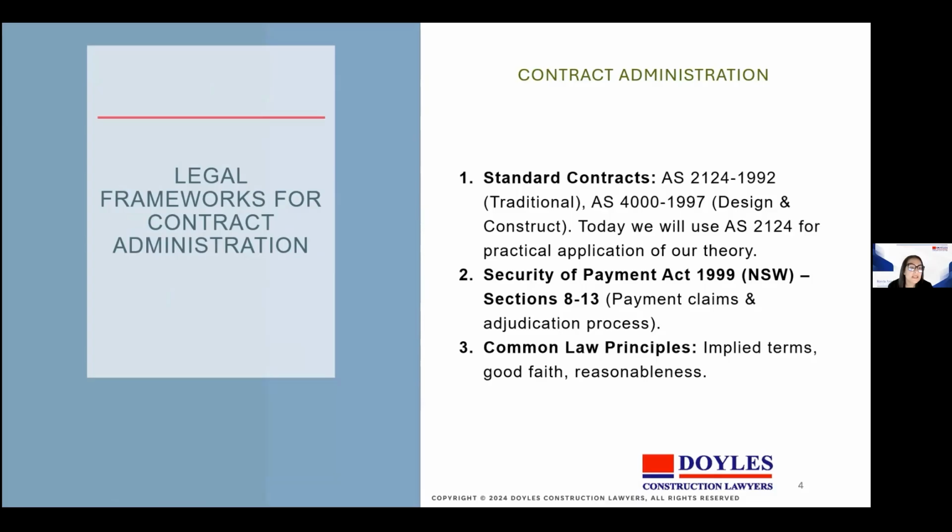The second legal framework is the Security of Payment Act, which obviously governs payment claims and the adjudication process, ensuring cash flow for a project. And third, common law principles, things like implied terms, good faith, and reasonableness. What's important to note here is that security of payment operates alongside the contract and not instead of it. And common law principles won't rescue parties who fail to follow their own contracts.